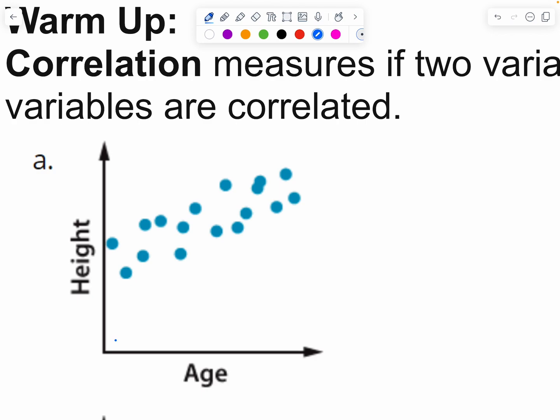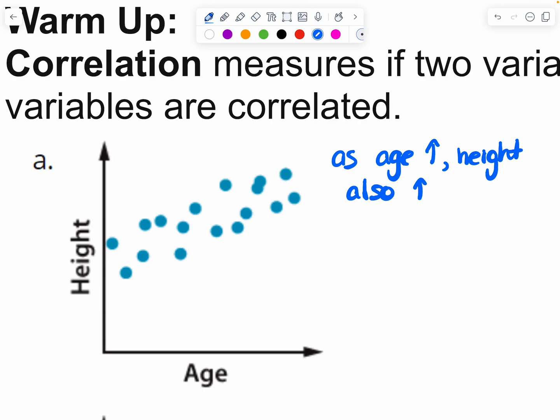As the age increases, as people get older, their height is also increasing. I'm just going to write that as a sentence: as age increases, height also increases.